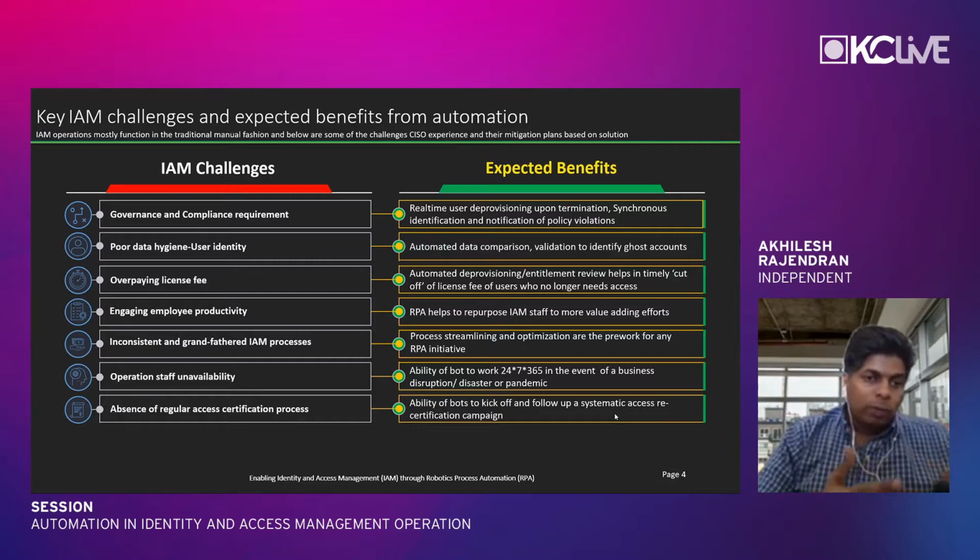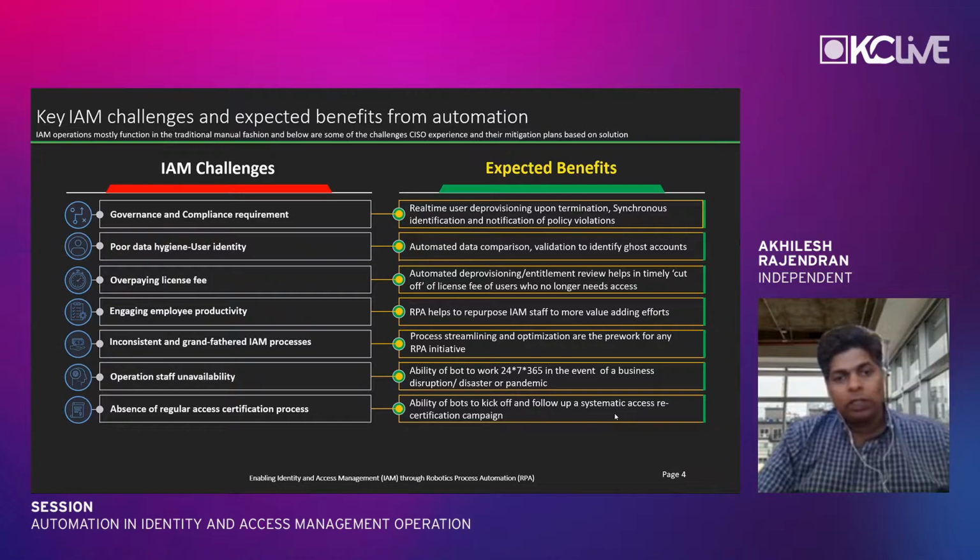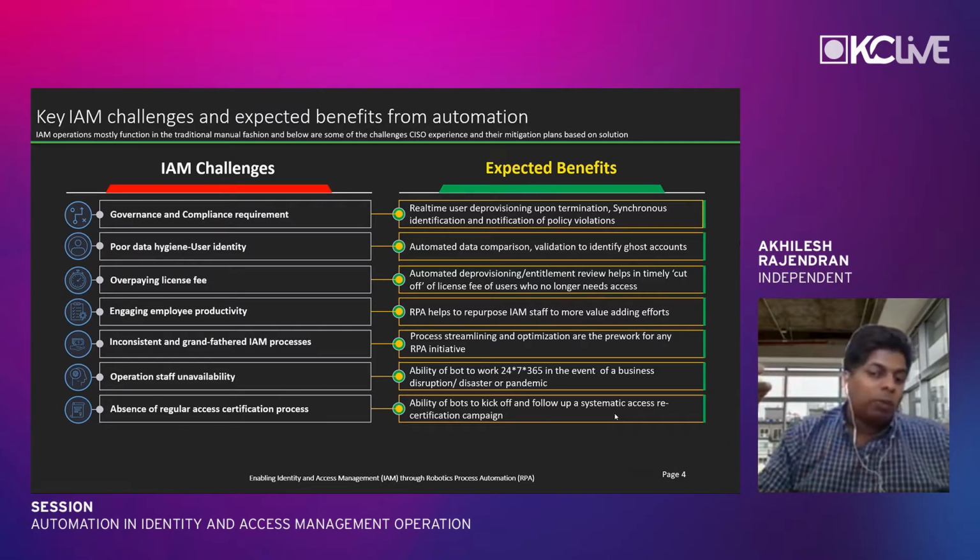Those are the compliance requirements, and that's where the JML, joiner-mover-leaver, process comes in. SOX and other compliance requirements are very key to all organizations, and that's where real-time user deprovisioning on termination, synchronous identification of users, and notification of policy violations come in. All these things can be done using bots, which is the RPA technology.